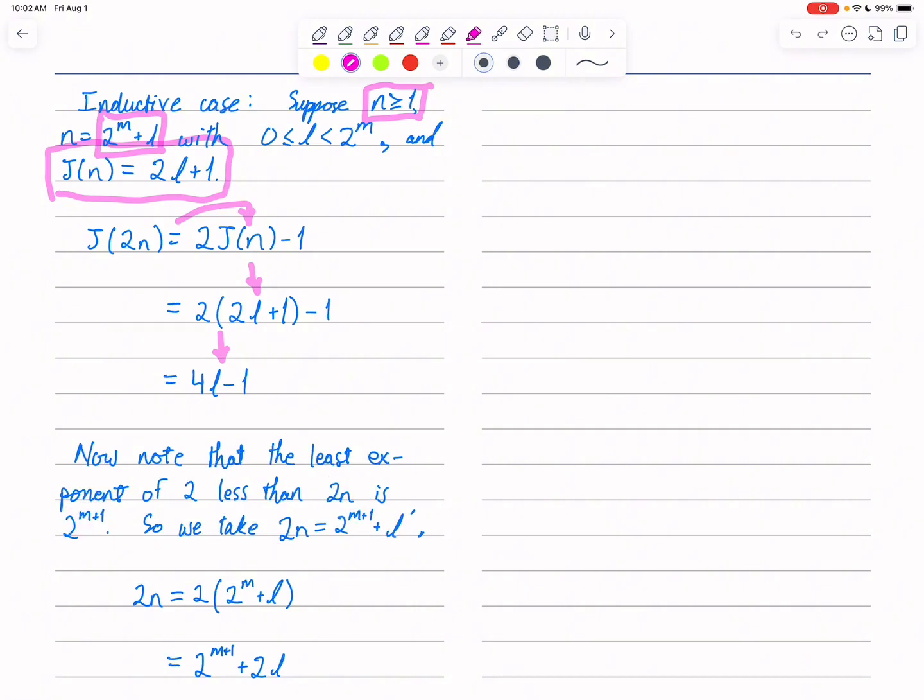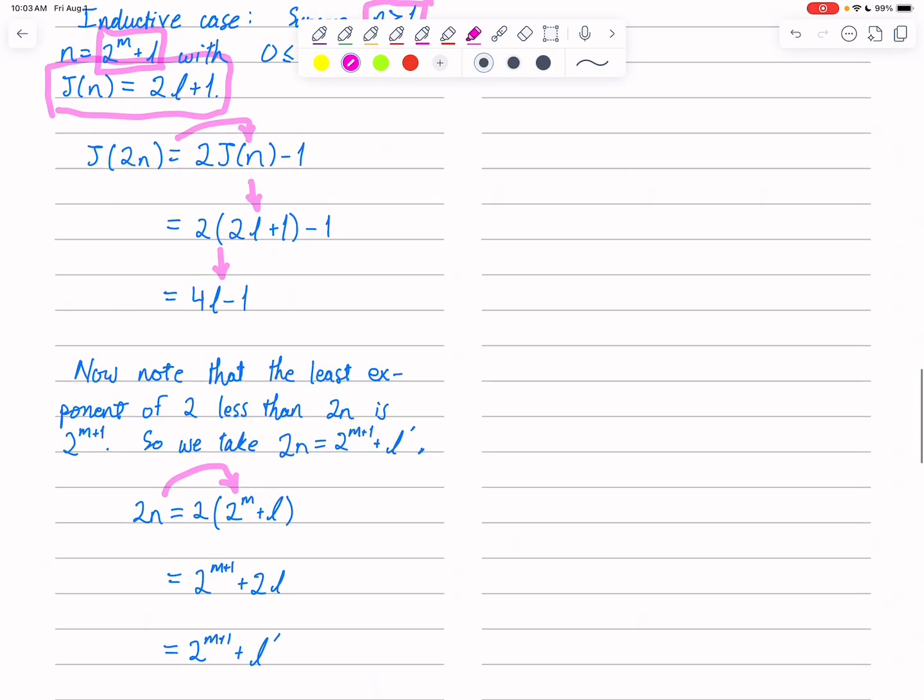Now the question is, what is L prime? Especially, how can we relate it to L? So we'd like a relationship between L prime and L. So if we write down 2n, let's write something else which we know about it, namely that we were already using 2 to the m plus L to represent n. So I can simply replace n in that way.